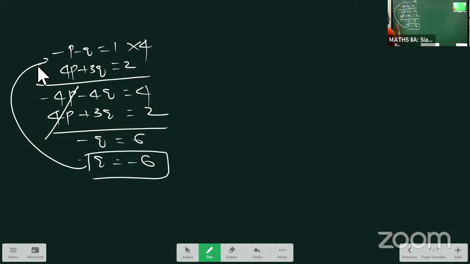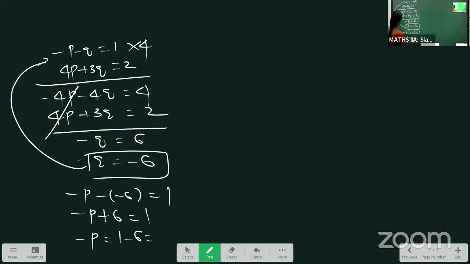Substitute in any one of the equations. Then minus P minus of minus 6 is equal to 1. So minus P plus 6 is equal to 1. So minus P is equal to 1 minus 6, that is minus 5. Then P is equal to 5.